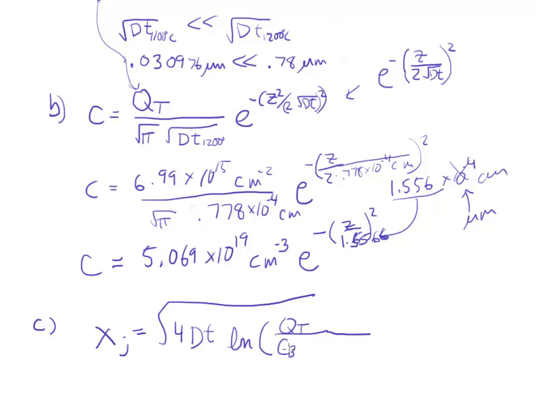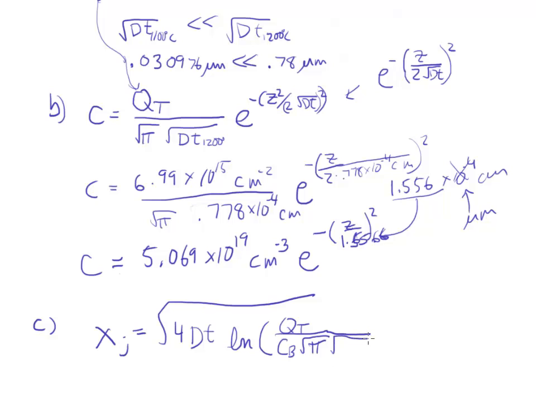So we have the Cb value, and Cb is the concentration of boron, if we're assuming it was boron doped. I think that's why they used the B for that one.